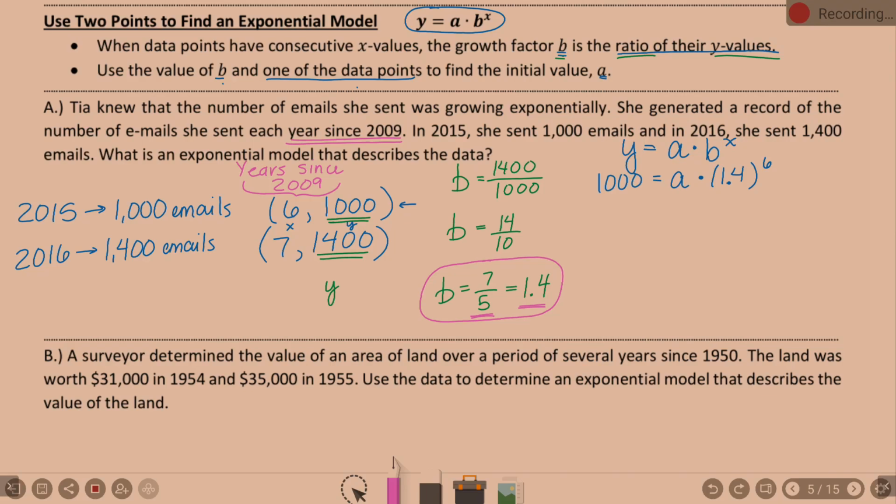So I'm not going to put this into my calculator yet because it might give me an awkward, yucky decimal. I'm just going to divide by 1.4 to the 6th. If I divide one side by 1.4 to the 6th, I'm going to divide the other side by 1.4 to the 6th. You could have parentheses here, you could not.